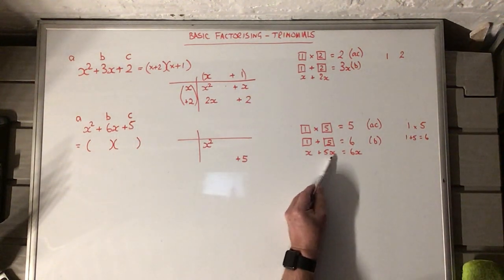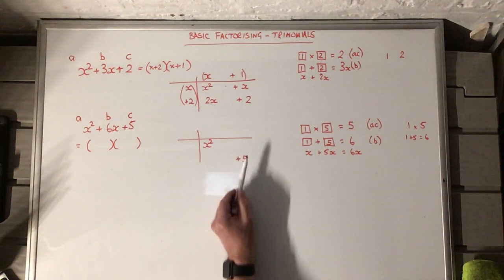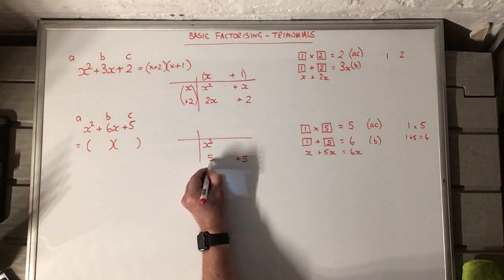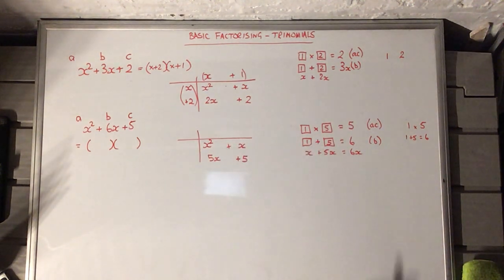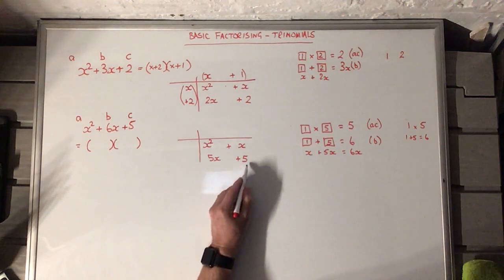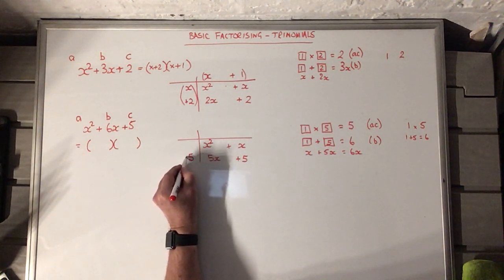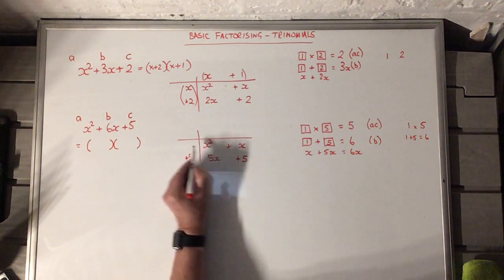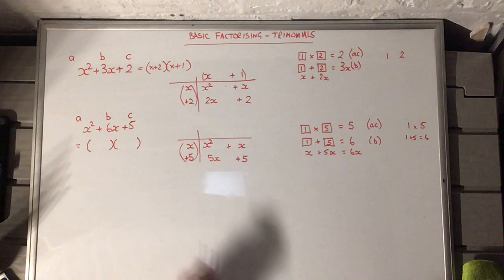So take these two and put them in the grid. Again, it doesn't matter where you put them. I'm just going to put the 5x in here and a plus x in here, and let's factorise it. So factorising that, we get, taking out a 5, it's a positive 5, factorising the top one, we get x, so there's another bracket. So that's going to go in there.